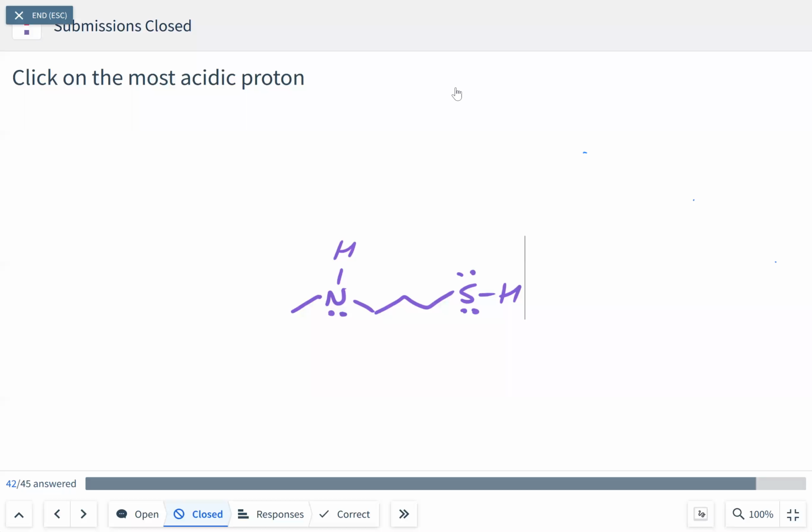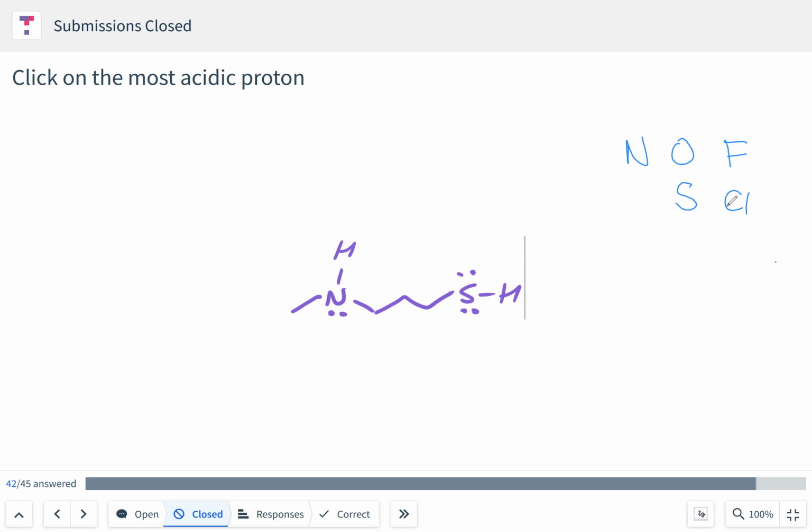Okay, so let's look at this for a second. Let's draw this little row we had here: nitrogen, oxygen, fluorine, and sulfur is below oxygen.